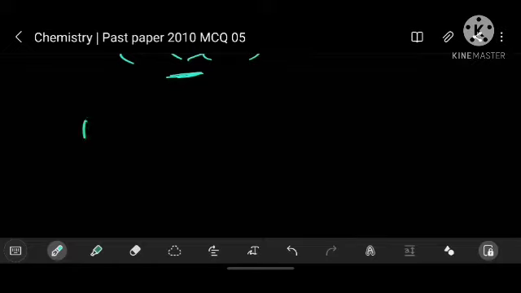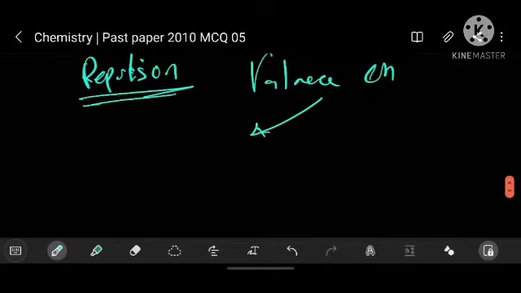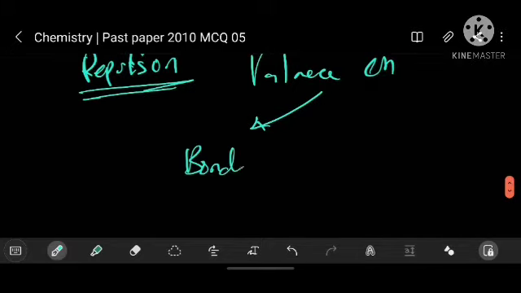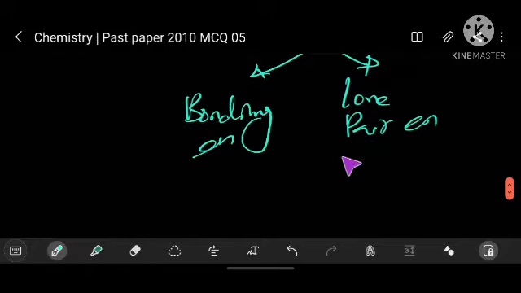So what are these valence electrons? We have two types of valence electron pairs. The first type is the bonding electrons, which participate in the bonding of two atoms or three atoms. The second type of electron pair is called lone pair electrons.